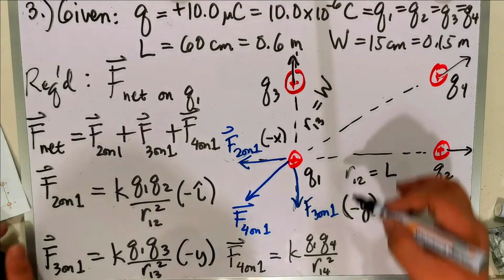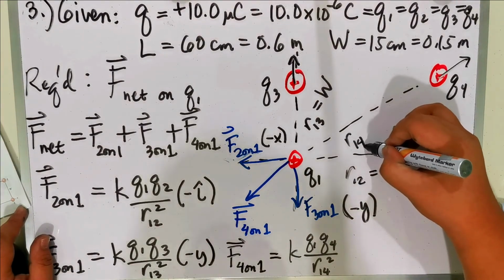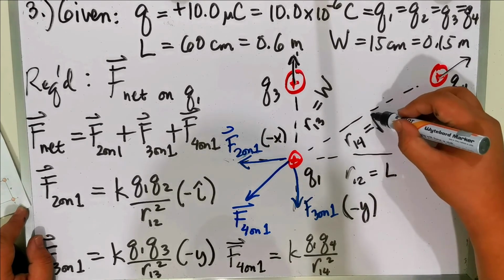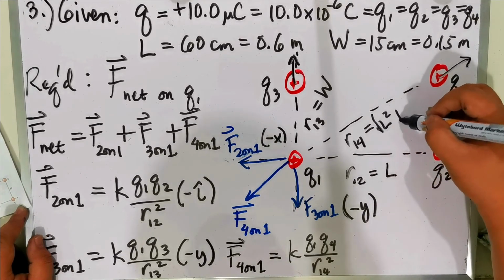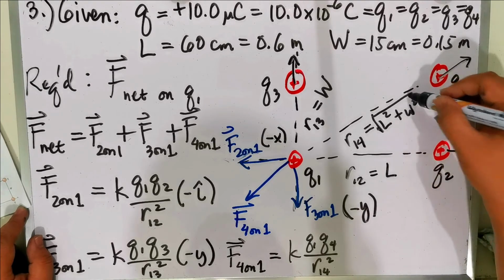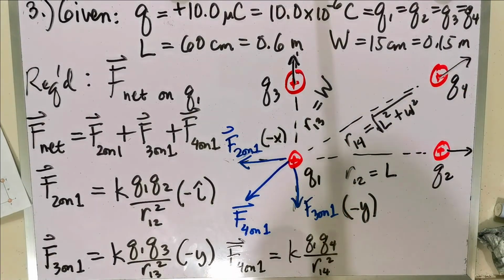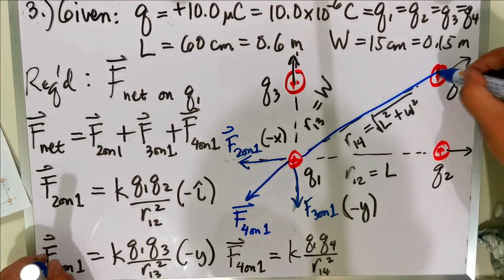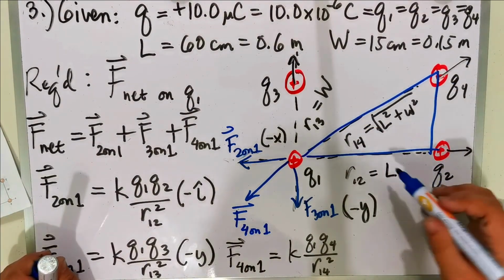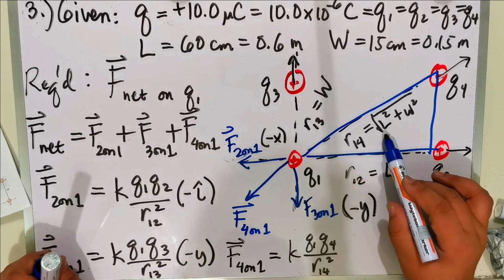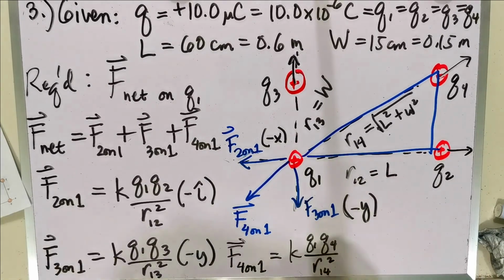Our R14 is this one, which is equal to the square root of L squared plus W squared. Okay, remember, this forms a right triangle. So this part here is a right triangle. So our R14 is the square root of L squared plus W squared.